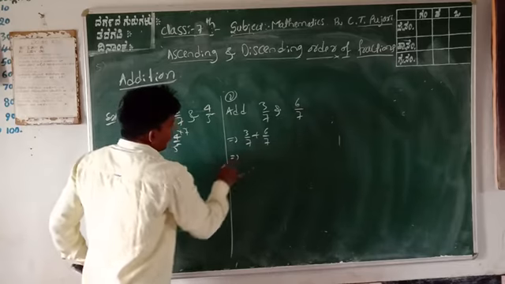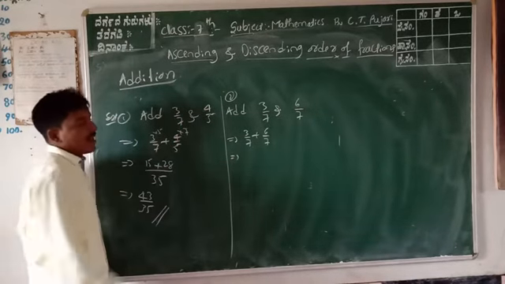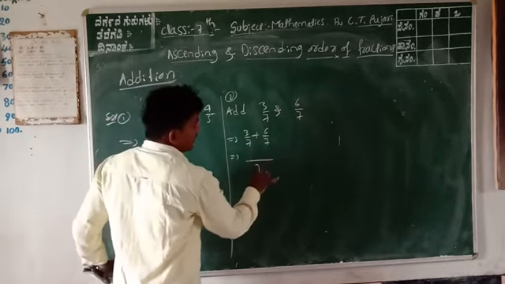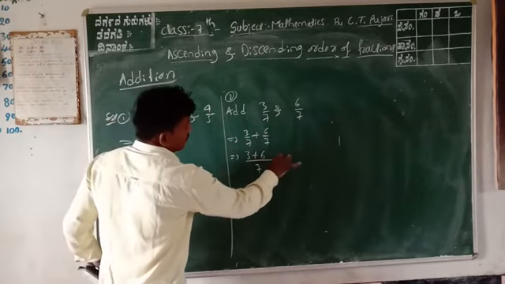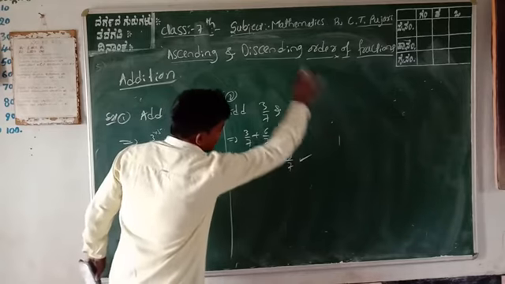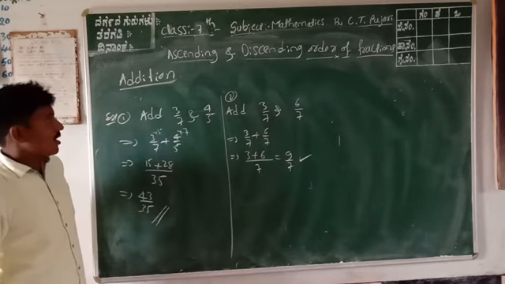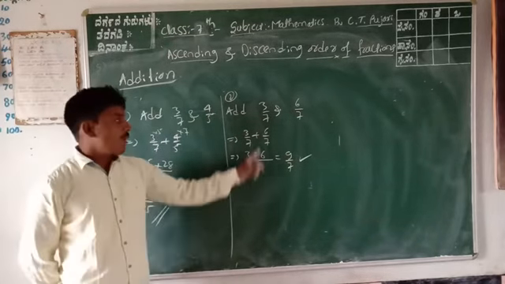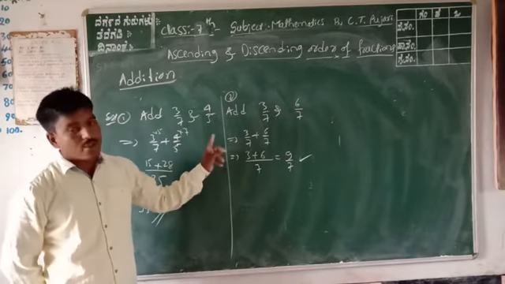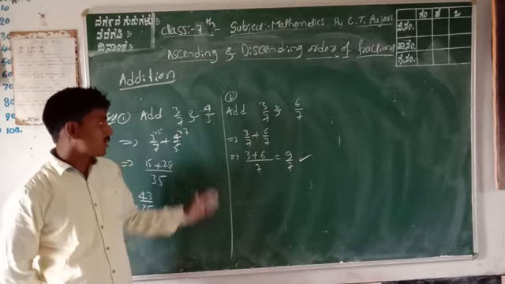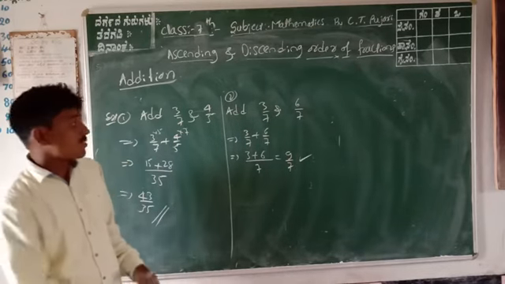LCM is not necessary because the denominator is directly 7. Again, addition of these two, 3 plus 6 is equal to 9 by 7, is your answer. In addition, when the denominator is the same, that is very easy, and for different denominators you can take the LCM, otherwise cross product.